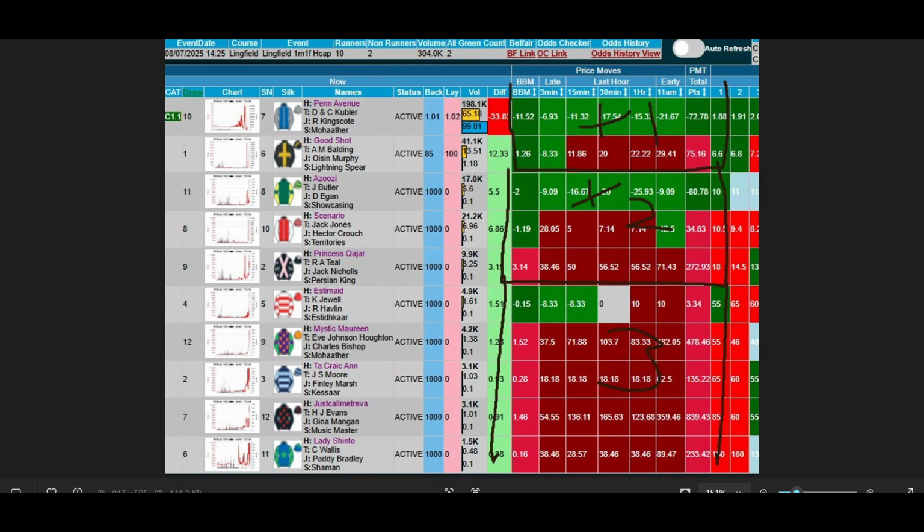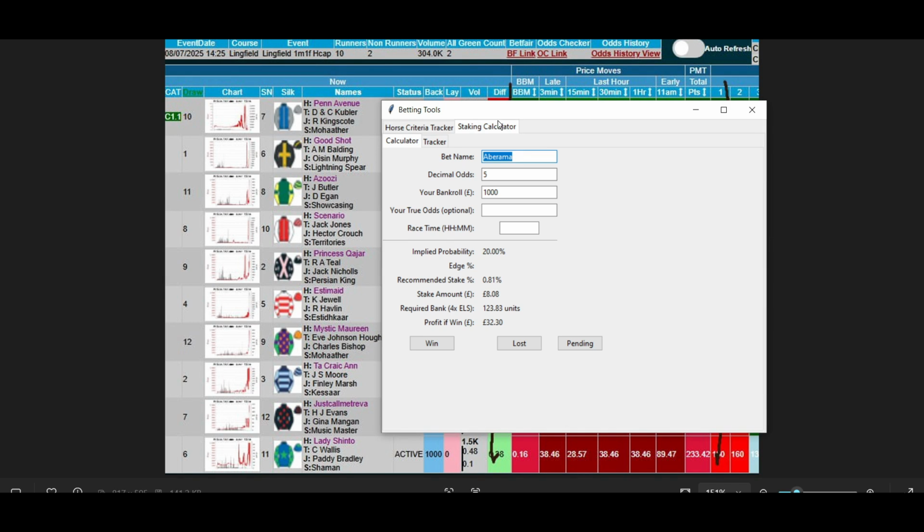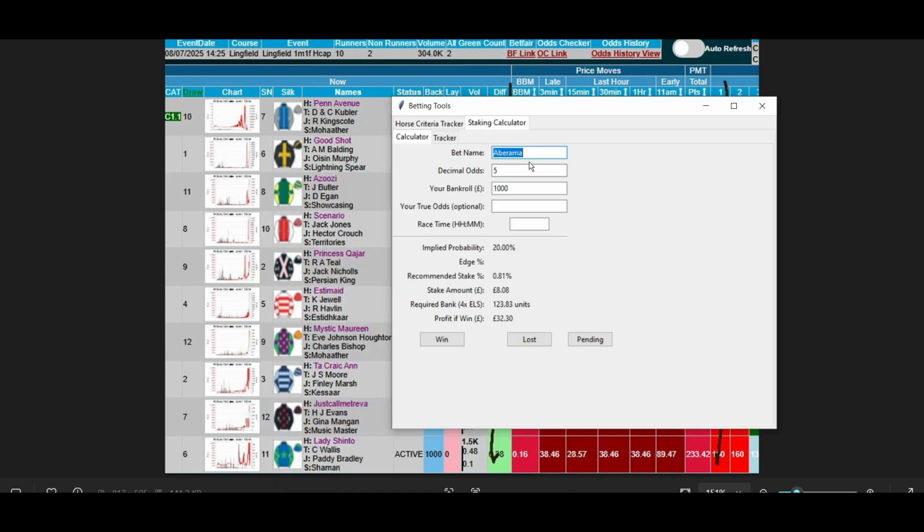So on this occasion, if we were live betting before the race, we would call up our calculator, and we would put Penn Avenue in, and let's just say, for example, Penn Avenue was 6 to 4. And again down here, it's telling you your stake amount based on your bankroll, goes into pending.